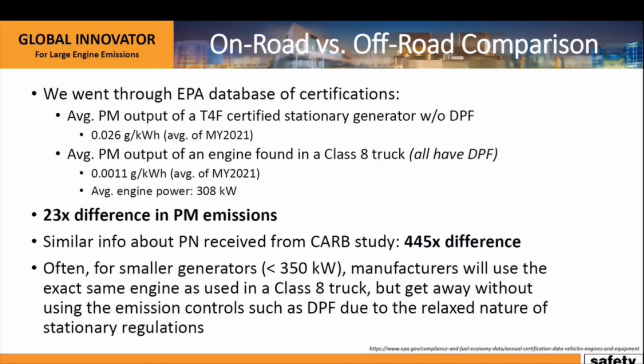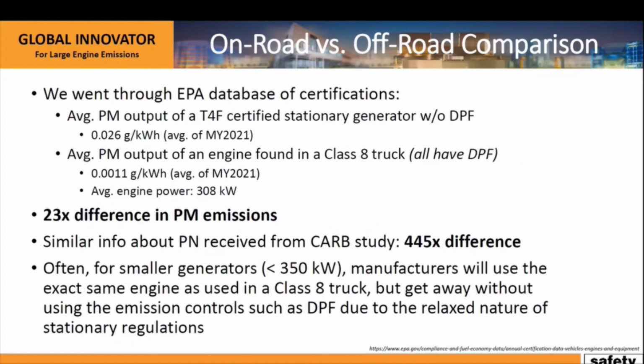And so now what we'd like to do is put this in the context of an example for you. One of our engineers went through the EPA database and pulled out some of these numbers here. We're going to use them in a case study in the next slide. But basically, on the top here, you can see the average PM output from a Tier 4 certified engine, which does not have a DPF. And down here, what we're going to do is compare it to a Class A truck, right?